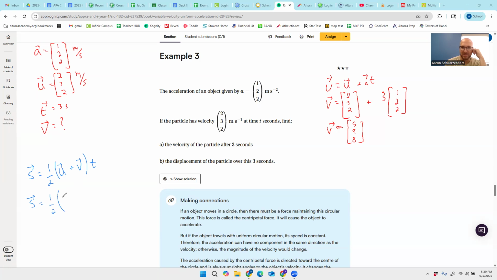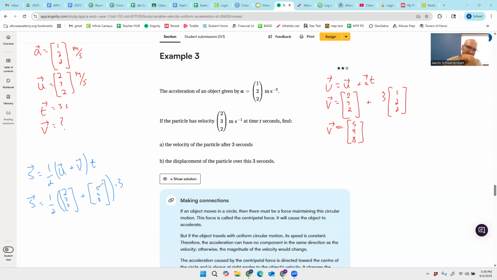U being 2, 3, 2 plus V is 5, 9, 8. This is essentially average velocity times time, which is 3. So time is 3 here.